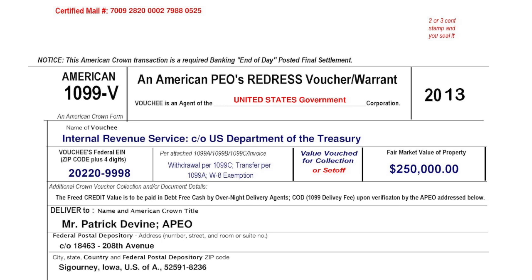Then the next 2 numbers are the last 2 numbers of your year of birth, and then the next 4 numbers are the number that you signed up when you turned 18. That year when you turned 18. So that's an 11-digit number also.